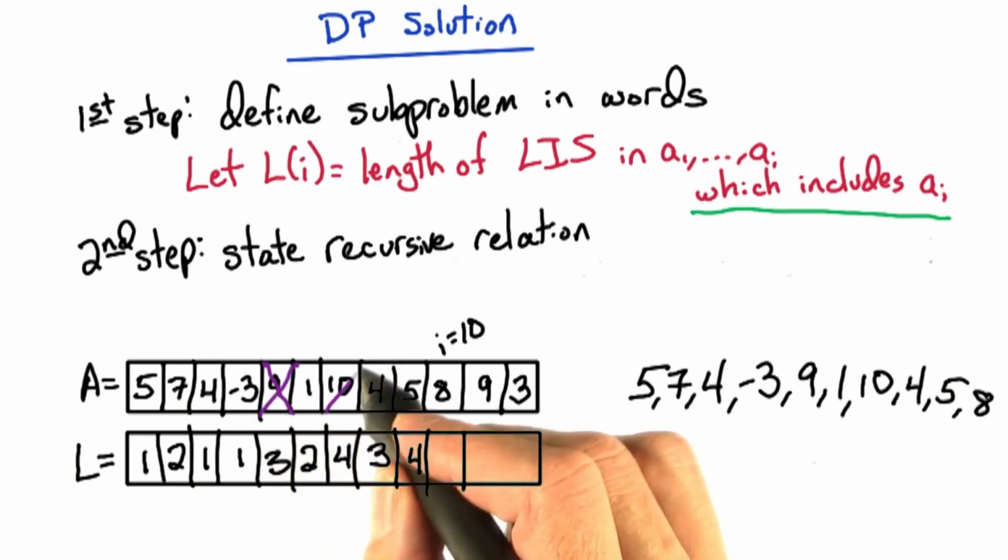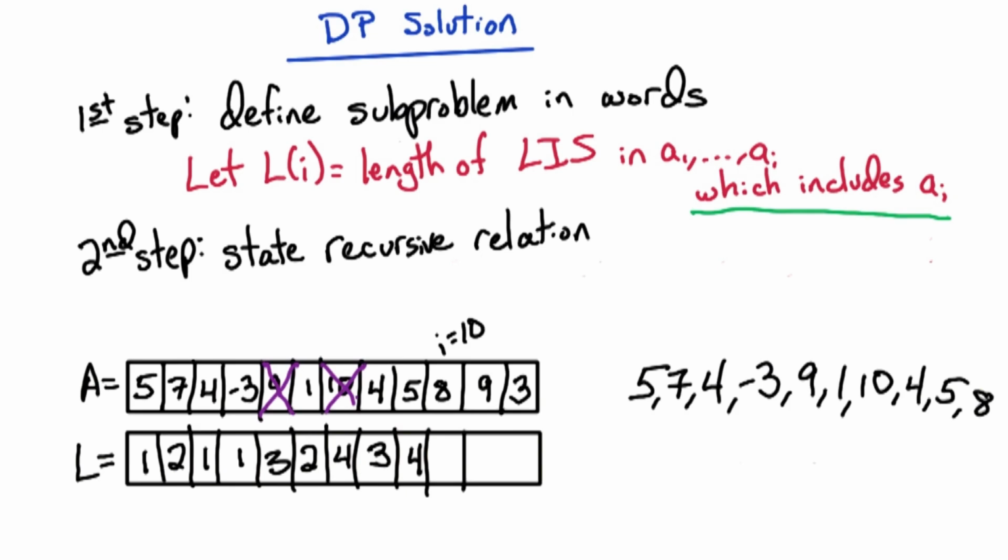It can't get appended onto 10 either. But the others allow it to be appended onto the end. So we're going to take the longest of those, and we're going to add plus 1 for adding 8 onto the end of it. So whatever is the longest increasing subsequence ending at 5, we can append 8 onto the end of it.